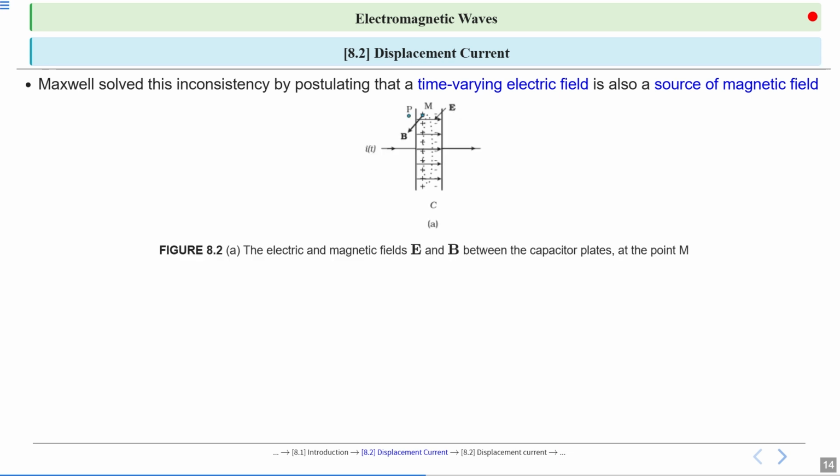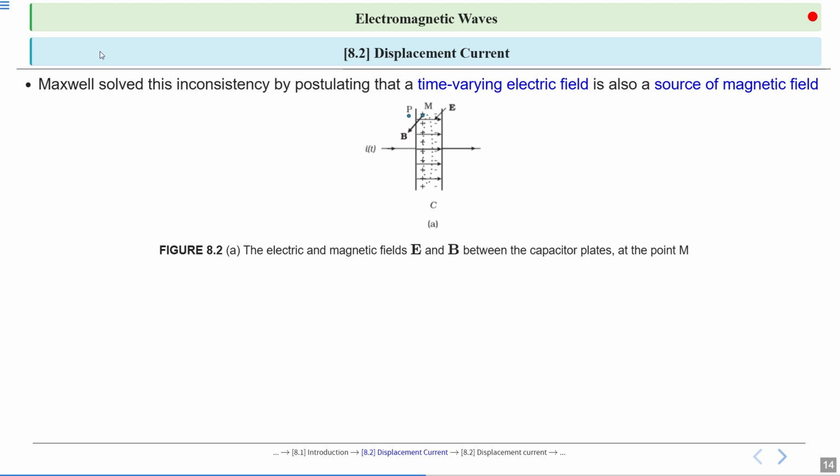Now you can see another diagram, figure 8.2a, the electric and magnetic fields E and B between the capacitor plates at point M. A magnetic needle is placed here, showing deflection, and the magnetic field direction is shown by this arrow B. At this point P, again the magnetic needle is showing the same deflection.